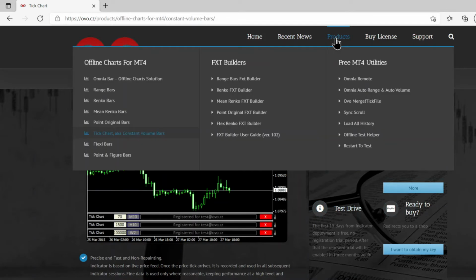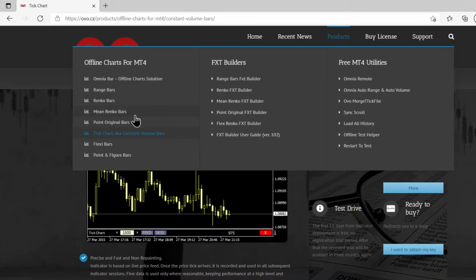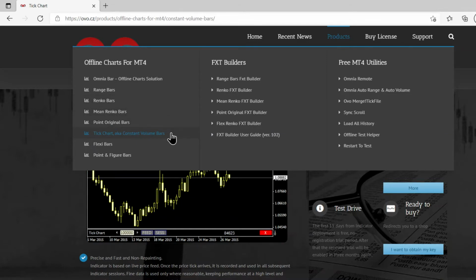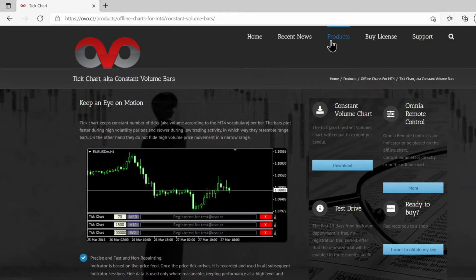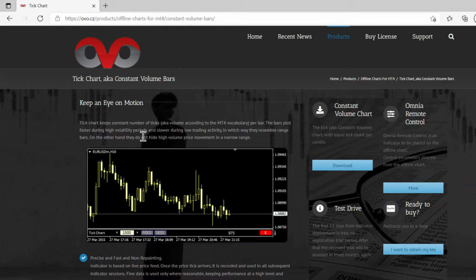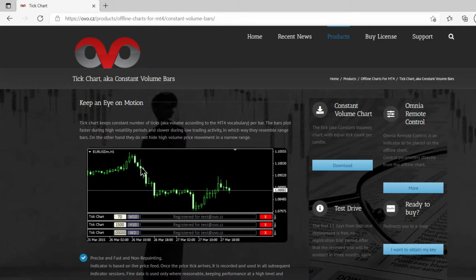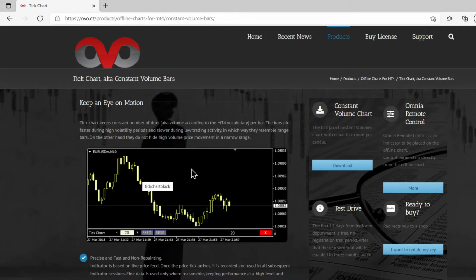These charts are, for example, Renko charts or range bar charts or mean Renko charts. And all these indicators that he has created also include the volume inside. So this is the tick chart indicator, or constant volume in our case. You can download it.